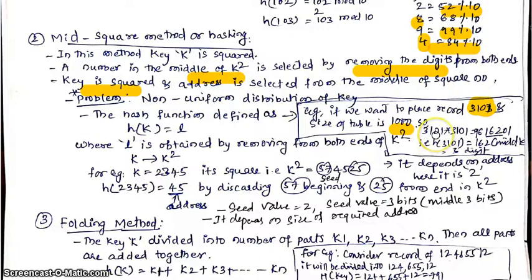For that case we can use the mid square method. We need to square this, and we will get the value here. Then we need to consider only the middle 3 digits. So 162 is the middle, and we consider only 3 digits. This is the mid square method.